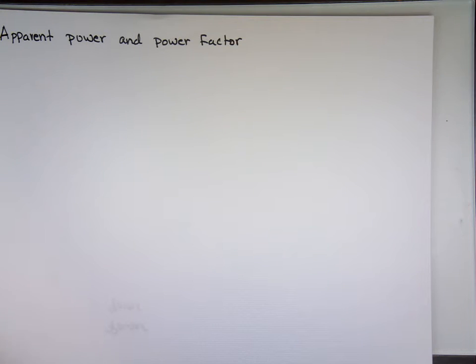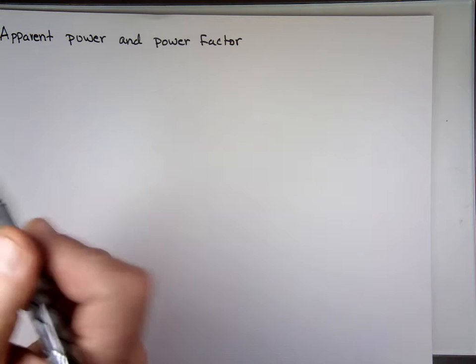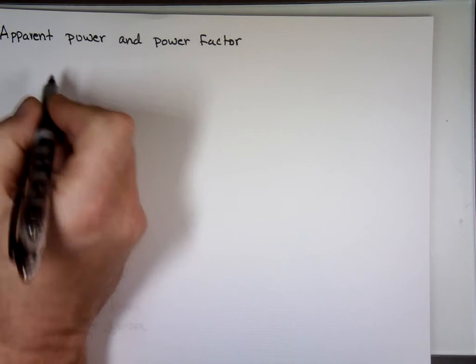So first let's define what is the apparent power, and that is how much power the power company is supplying. We're going to define the apparent power as, well, let's take the average power first.